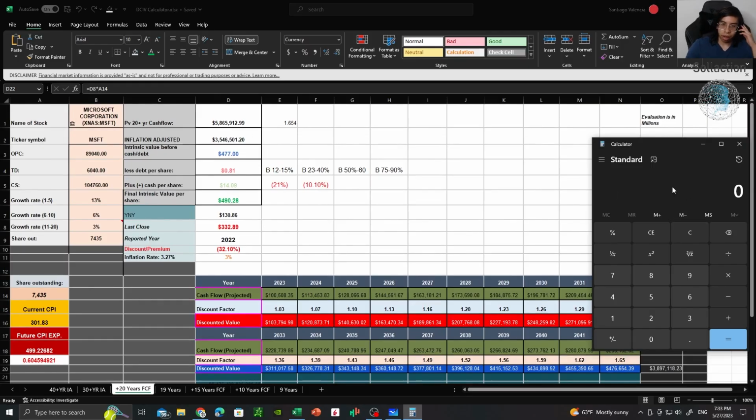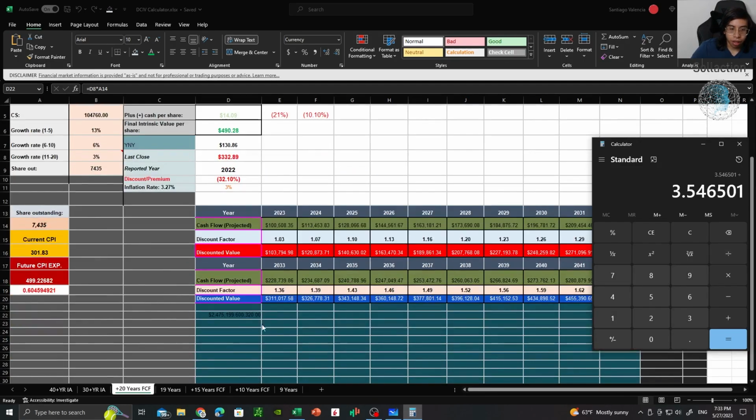It would take about 3,546,501 divided by this amount, 2.471996. You see? There you have it. Look, it's going to increase by 43%.